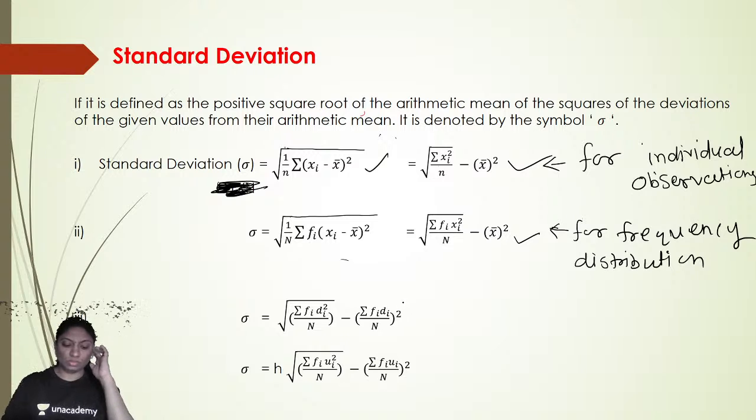Okay, so this is for frequency distribution. तो हो गया रूट ऑफ समेशन ऑफ एफ आई एक्स आई स्क्वायर अपॉन एन माइनस एक्स बार स्क्वायर.